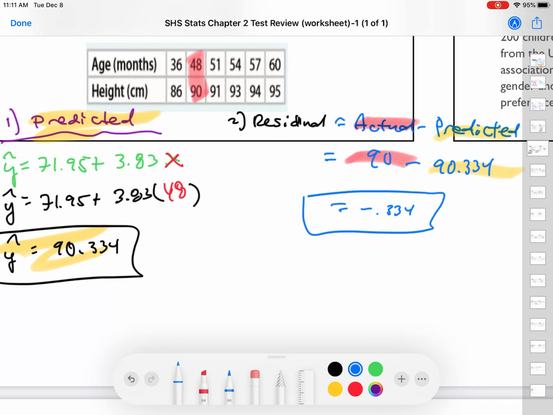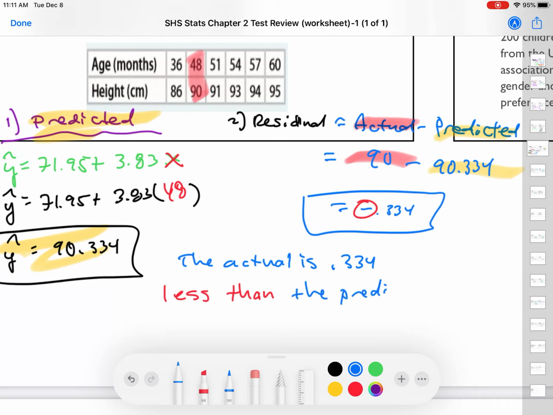What does a residual of a negative mean? The actual is 0.334 less than the predicted height. What does the negative mean? It is less than the predicted height.